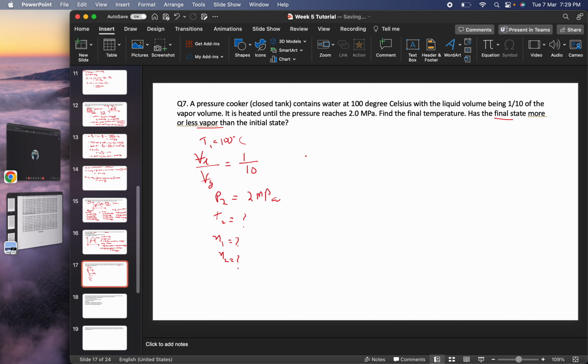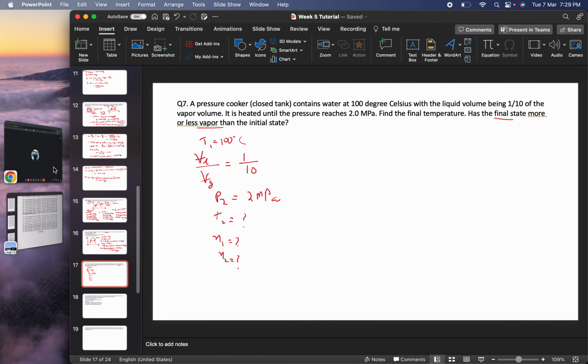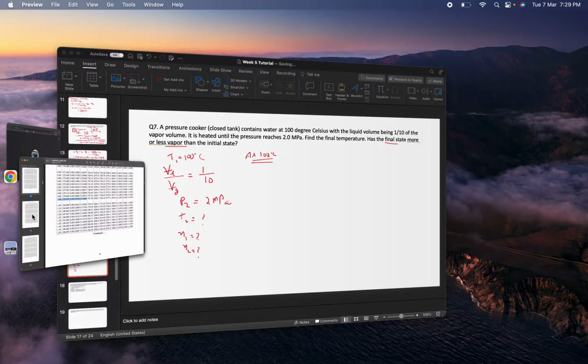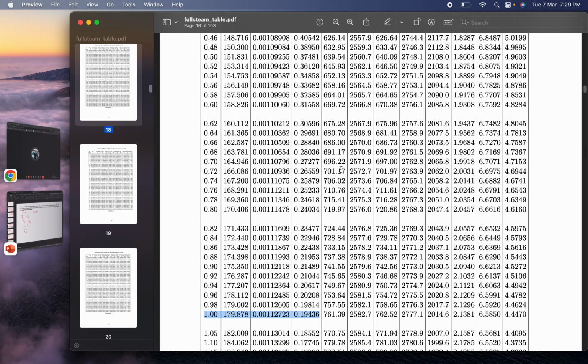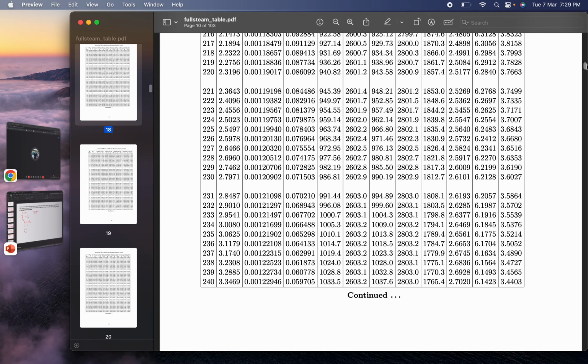Okay, so now a pressure cooker contains water at 100 degrees Celsius. So at 100 degrees Celsius, what will we do? We will see the temperature table, and we will see the Vf and Vg values.